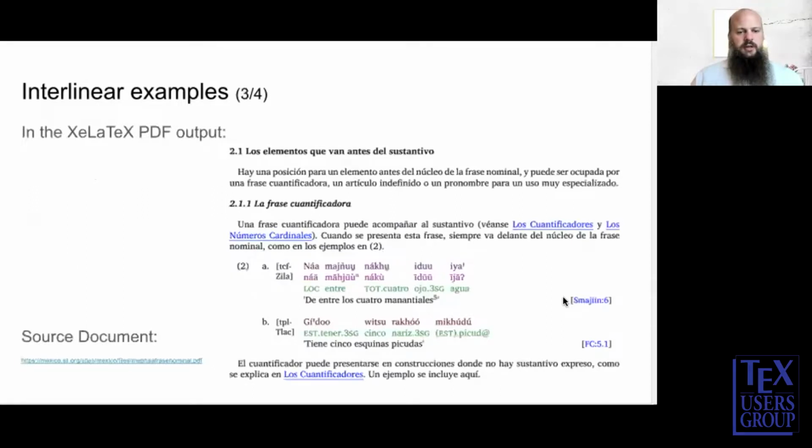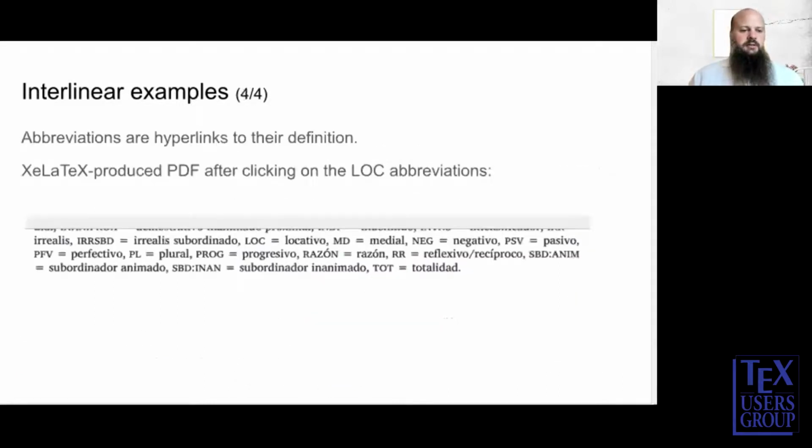If it were in the EST right here, if I wanted to see what the EST in section 2, example 2B was, I could click that, and it would take me to a section like this that would show what that was. And I could see my abbreviations. There's different ways of formatting this. You can do it linear like this, or you can do it as a table, and both are supported.